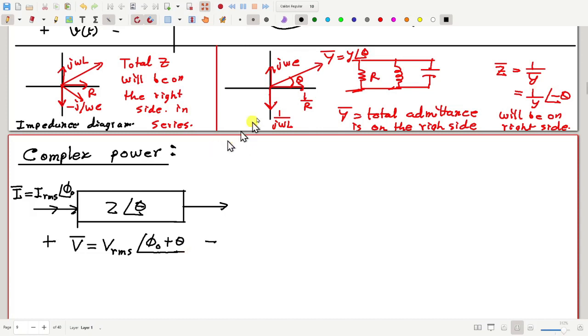I will define the term complex power as the product of V and I star. Star means complex conjugate.